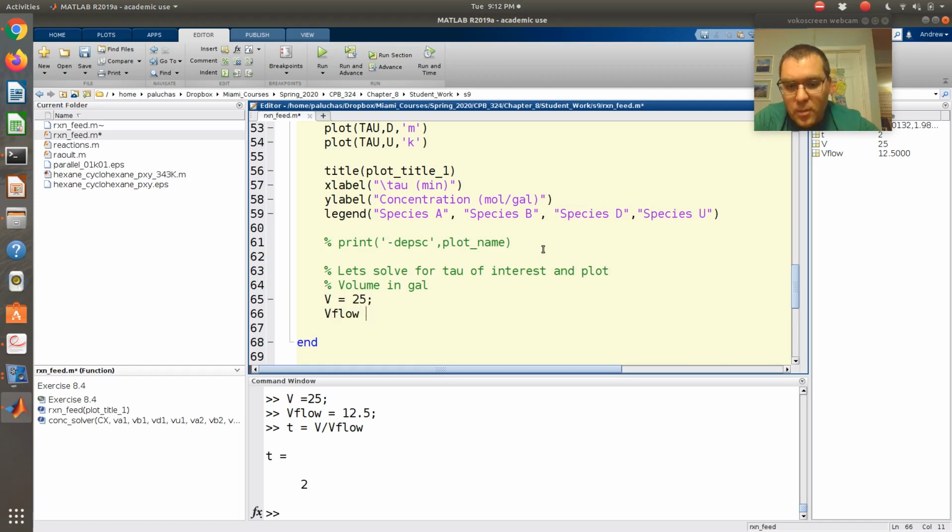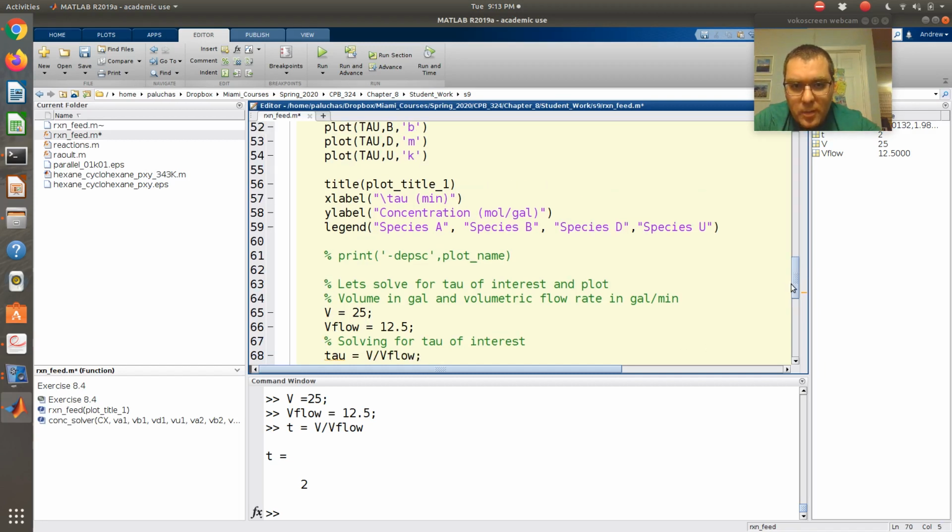V flow is again 12.5, the volumetric flow rate in gallons per minute. Solving for tau of interest, let's call it tau, would be V divided by V flow.